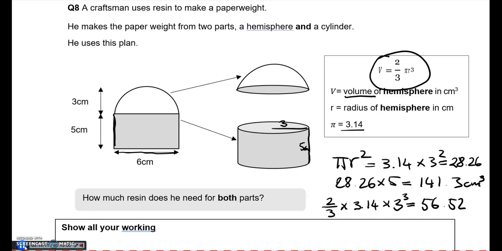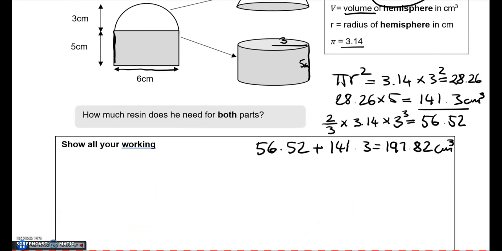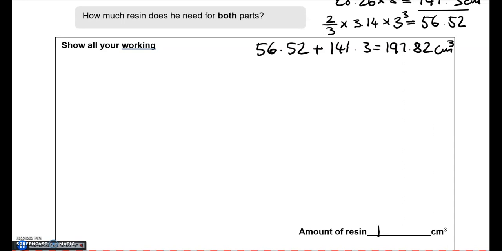So adding that now to the volume of the cylinder gives 197.82 cubic centimeters. So that's how much resin he needs in total.